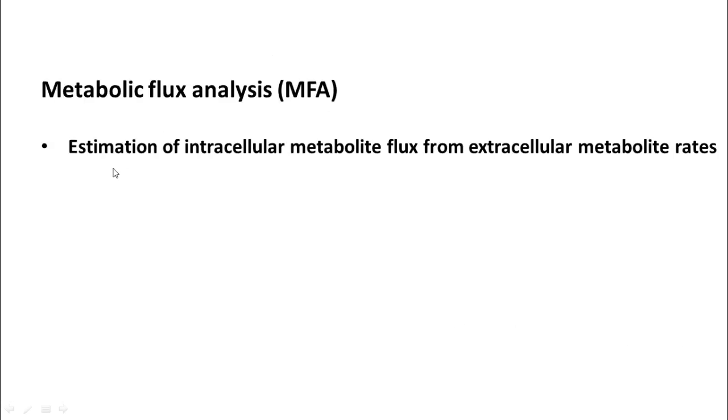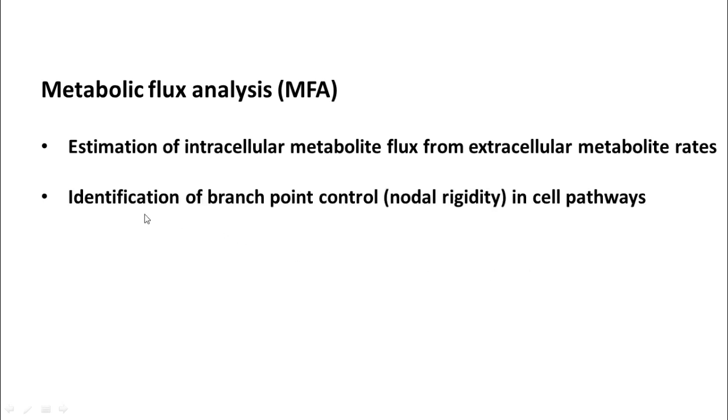Estimation of intracellular metabolite flux from extracellular metabolite rates. Extracellular metabolites can be measured by some of the methods that we talked about in an earlier module, in module 3. So by measuring those, we can get an estimate of the intracellular metabolite flux, the rates at which things are going on inside the cell. Identification of branch point control, nodal rigidity in cell pathways, this can be done.